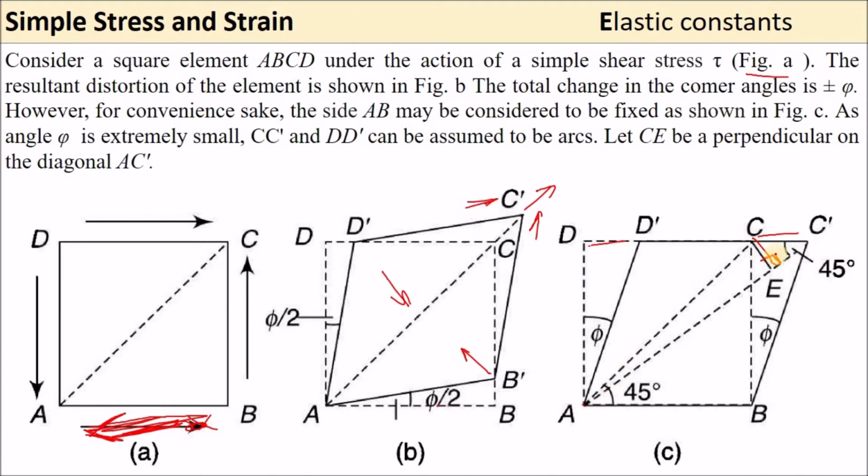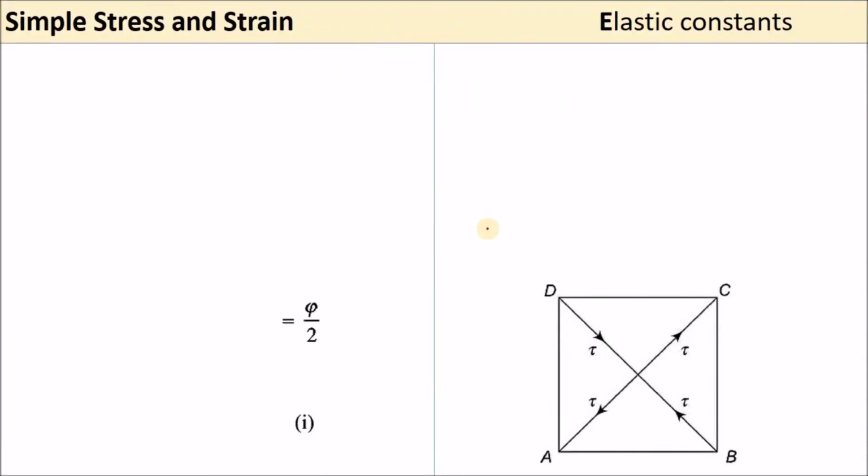AC is deformed to AC dash, and we draw a perpendicular line CE on line AC dash. Here this angle phi is very small, so this is near to 45 degrees. Let's go to the next slide.